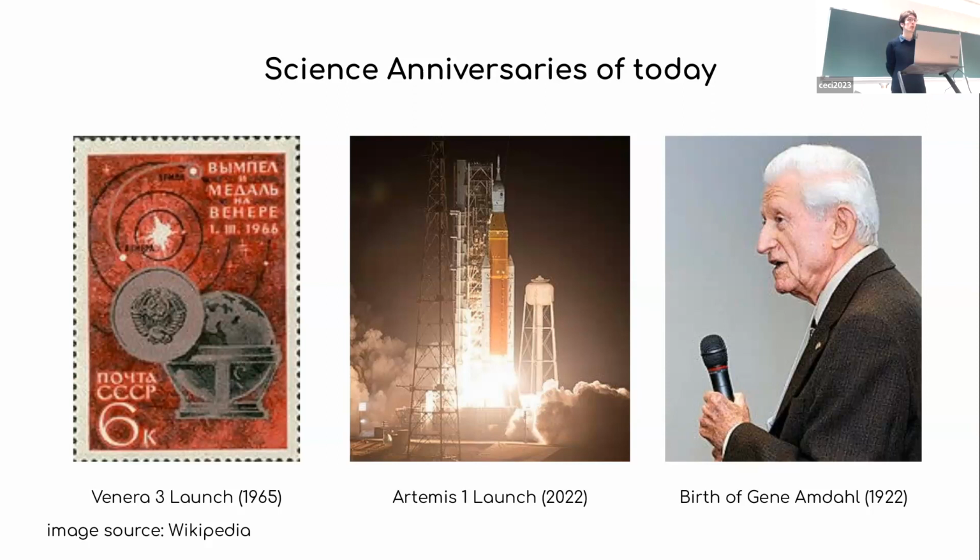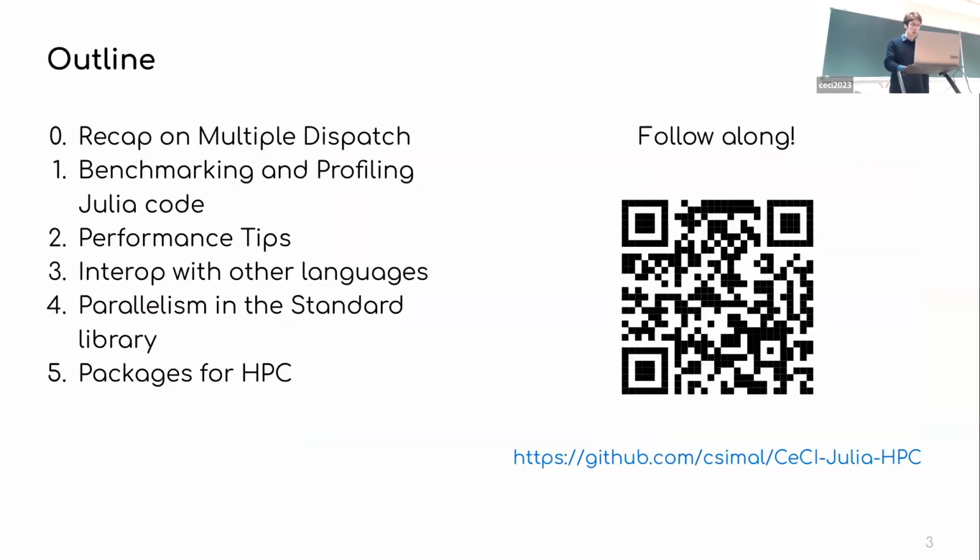Last year we had the Artemis 1 launch, which is the renewal of the US space program. And perhaps more interestingly for today, it's also the birthday of Gene Amdahl, famous for postulating Amdahl's law in parallel computing. Because we're talking about parallel computing today, that seems interesting to mention.